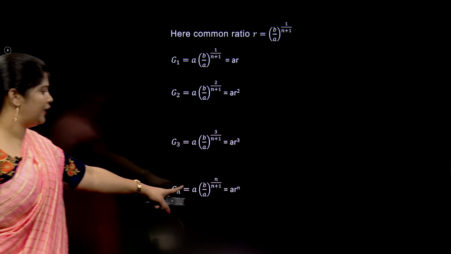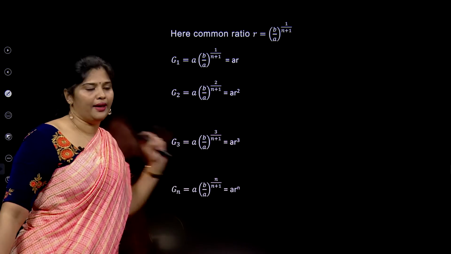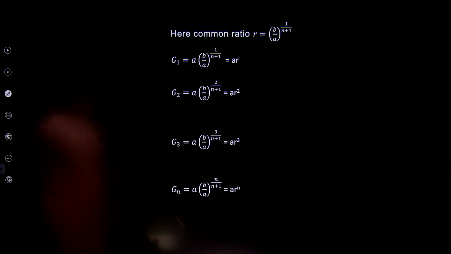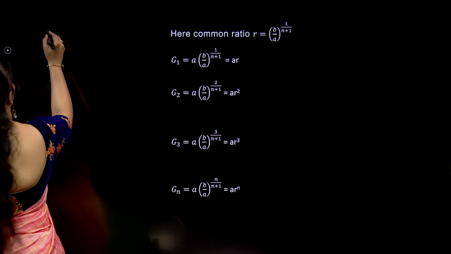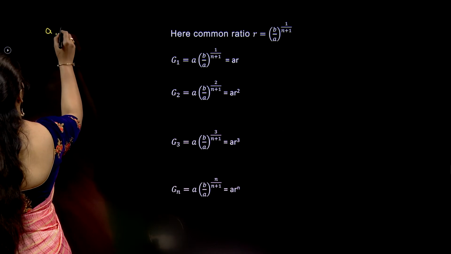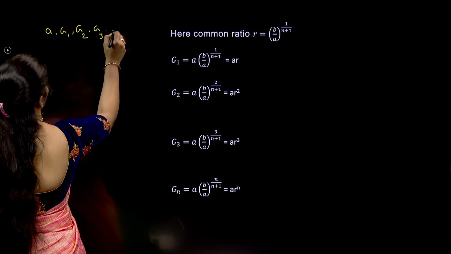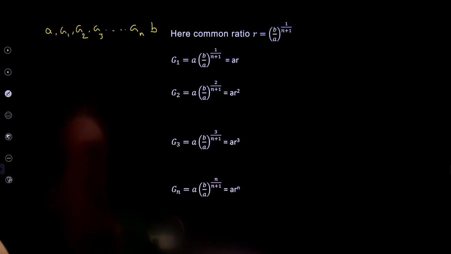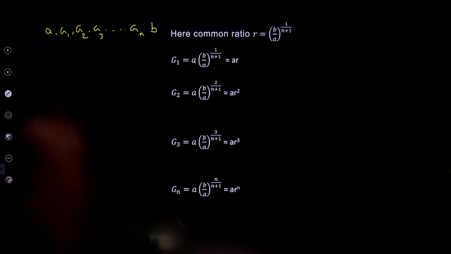Gn equal to A into B by A whole power n by n plus 1. That is the last term, AR power n. Note down, children. Here the common ratio R: when this series is A, G1, G2, G3 and so on up to Gn, B, then the common ratio is R equal to B by A whole power 1 by n plus 1.